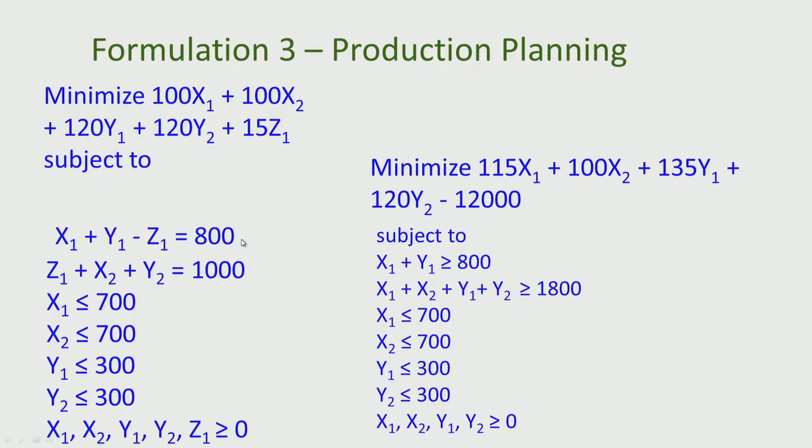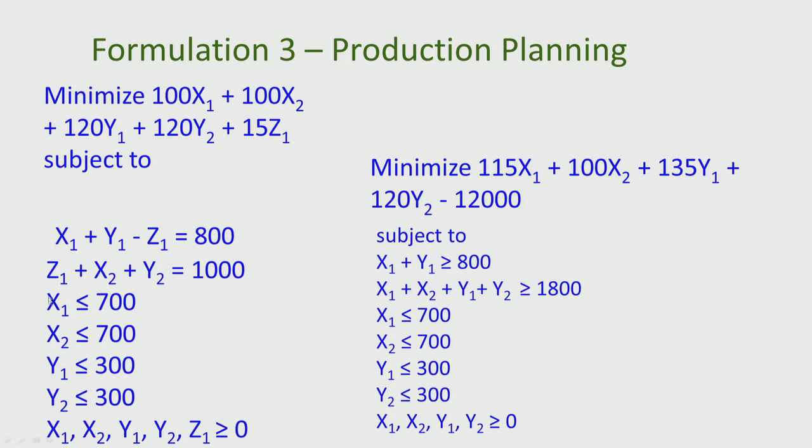The rest of the constraints are x1 plus y1 is greater than or equal to 800. What is produced in the first week is either equal to 800 or more, and if it is more, the excess is carried to the second week. So, what is carried to the second week is x1 plus y1 minus 800.